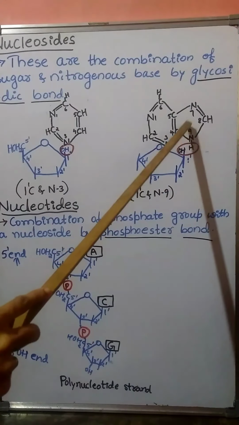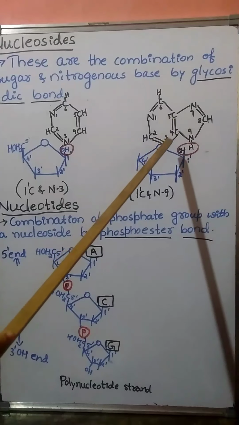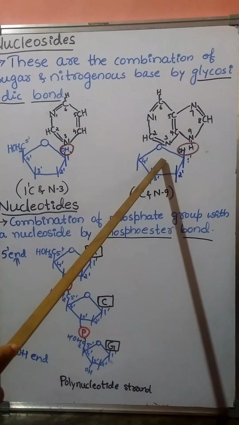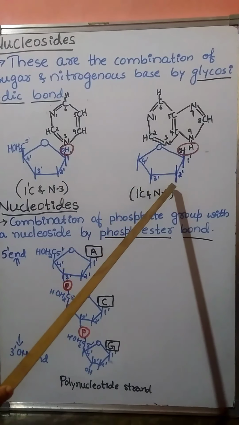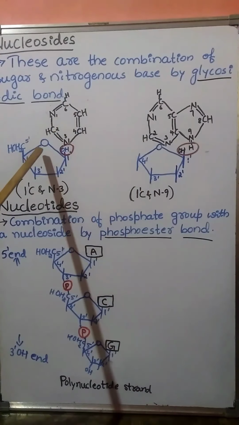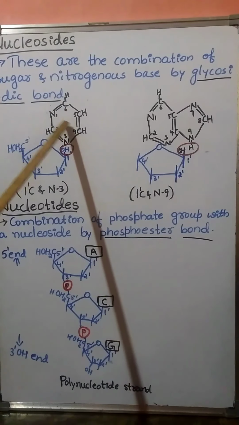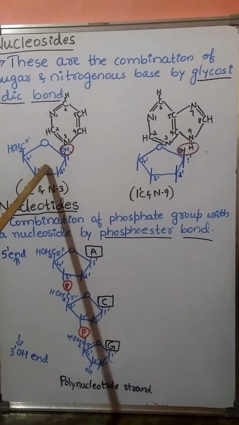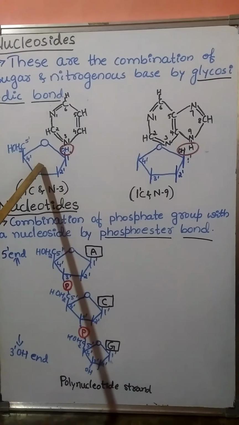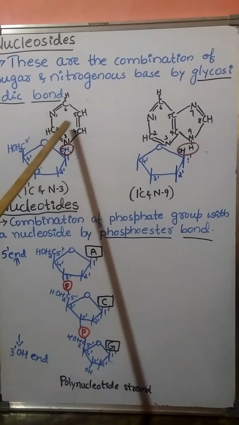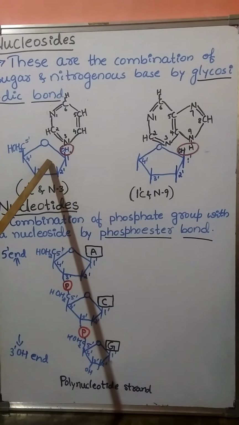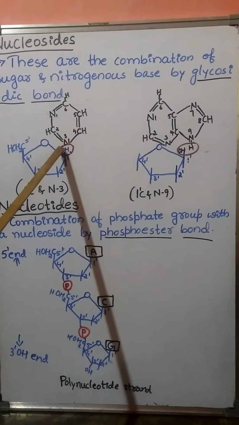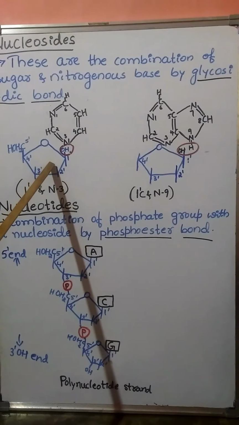Attachment of guanine with the deoxyribose sugar forms the nucleoside deoxyguanosine. Attachment of thymine with the deoxyribose sugar forms the nucleoside deoxythymidine. In the same way, the attachment of cytosine with the deoxyribose sugar forms the nucleoside deoxycytidine.